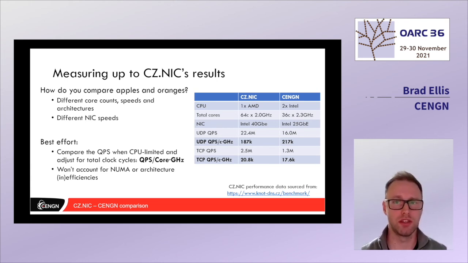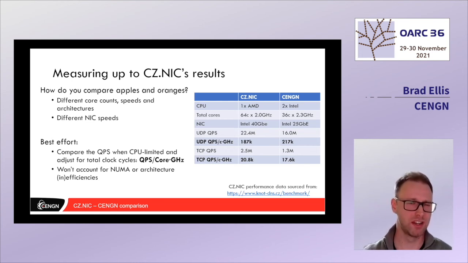So the best effort of what we could do is try and find a way to break this down to a more fundamental element. And so we attempted that with queries per second per core gigahertz. So that would be like if I had 36 cores at 2.3 gigahertz, I would divide my queries per second across 36 times 2.3. It's a very crude simplification.